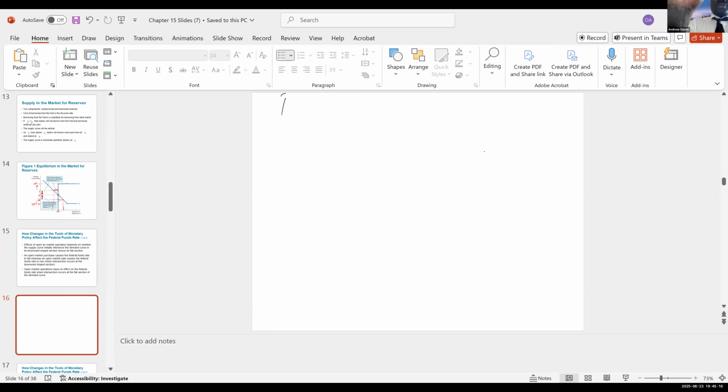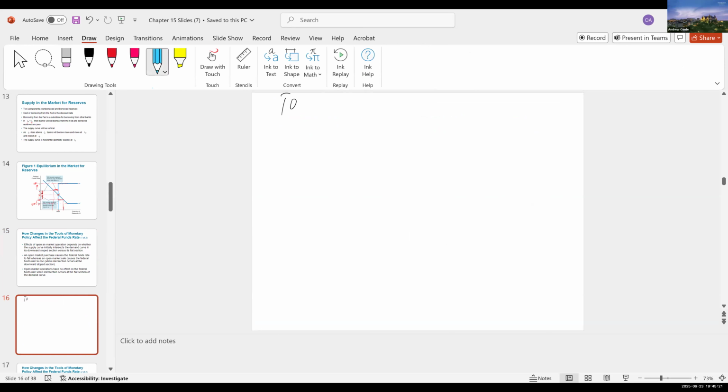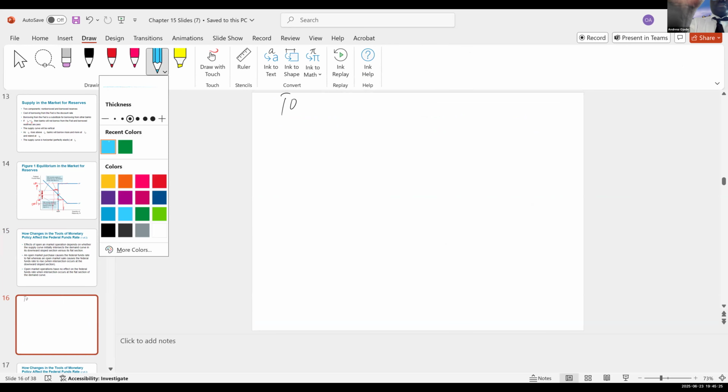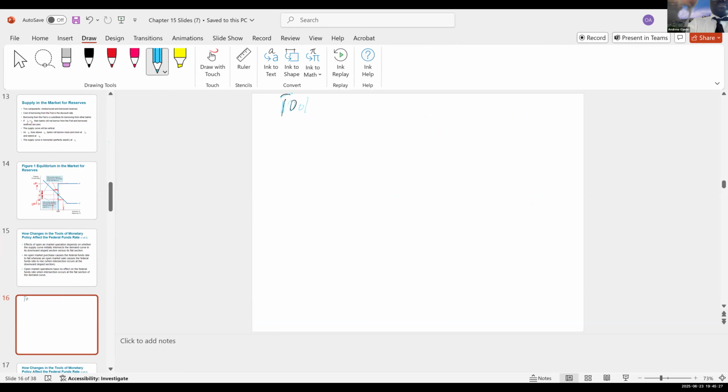Now, for the tools of monetary policy, the first tool, which you already know from the balance sheet, is open market operations.